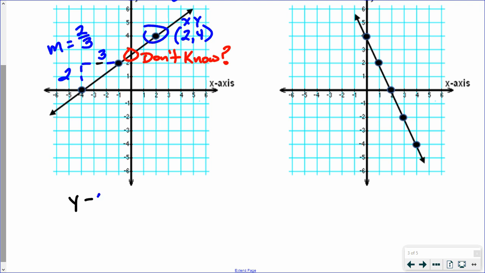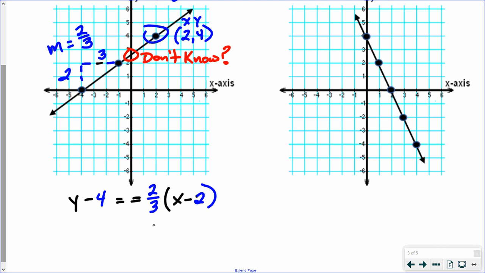So y minus 4 equals m, which is 2/3, x minus the x1 value, which is 2. And that would be your answer. That's your answer in point slope form.